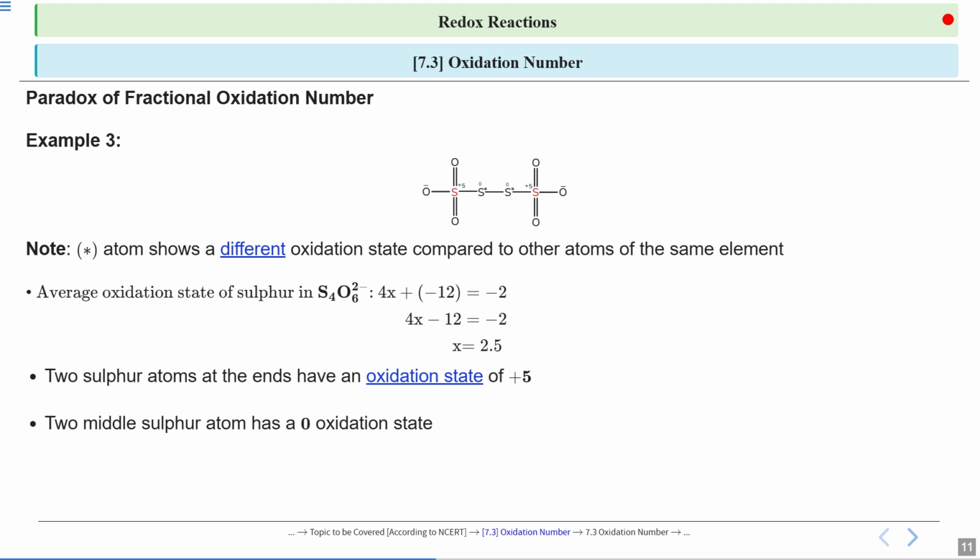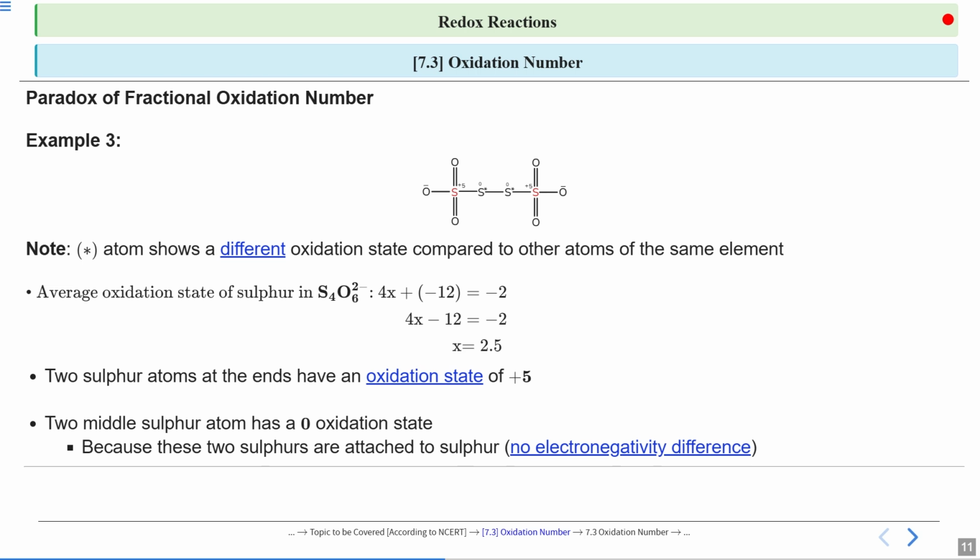Why? This is because these two sulfur atoms are only attached to sulfur atoms, and there is no electronegativity difference among them. Hence, they have an oxidation state of 0. So what can we conclude now? We can conclude that the idea of fractional oxidation state should be taken with care, and in reality, it is only revealed with the help of structures.